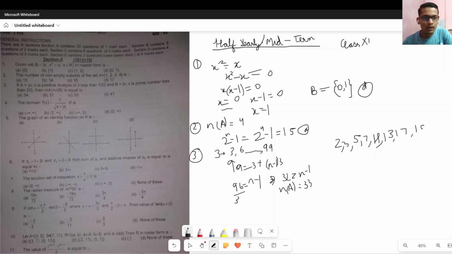I hope I have covered all the prime numbers here. So these are 1, 2, 3, 4, 5, 6, 7, 8. n of B is 8. The number of elements in set B is 8.